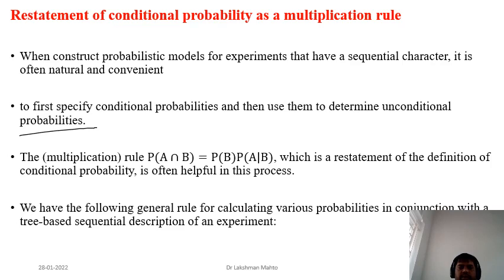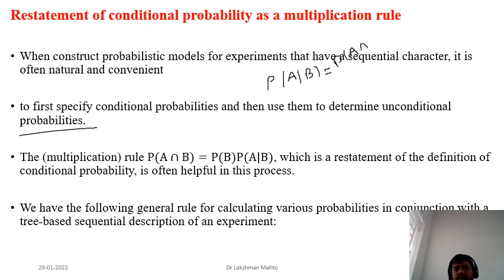Here we rephrase the definition of conditional probability this way. The definition says that if we have to calculate the probability of A given B, it is defined as the ratio of probability of A intersection B divided by probability of B. I have already discussed this in detail during the first two lectures on conditional probability.